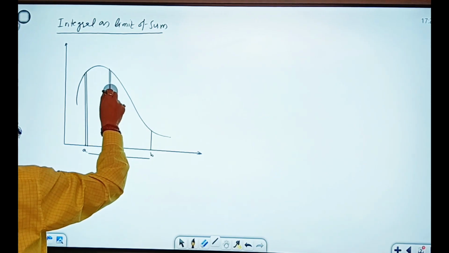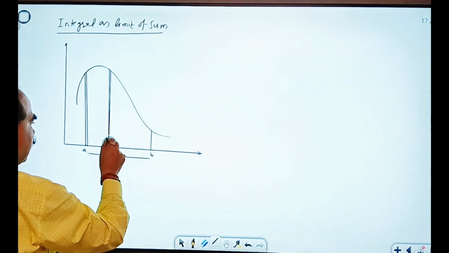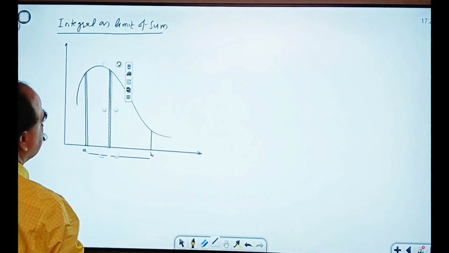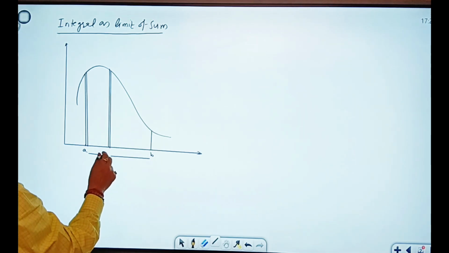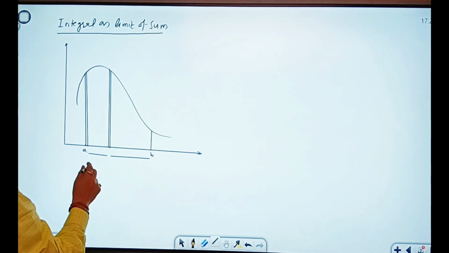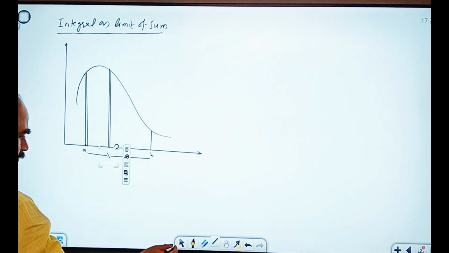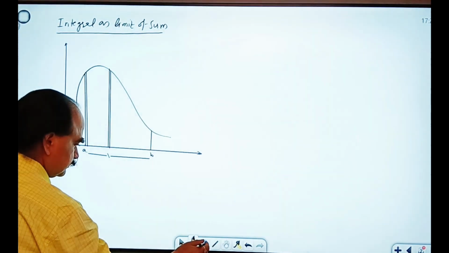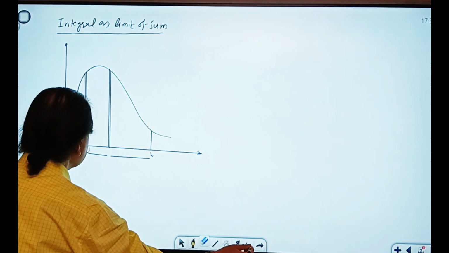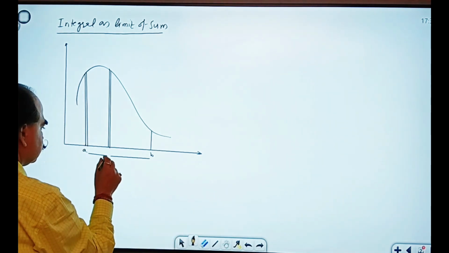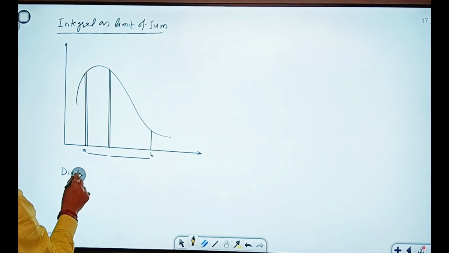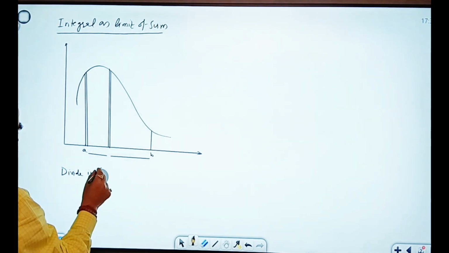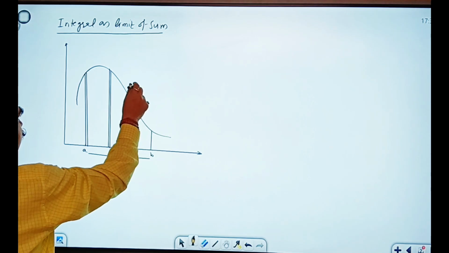Width of each interval is what? H. H is the width. This is n parts we are dividing, and the curve is y equal to f(x).